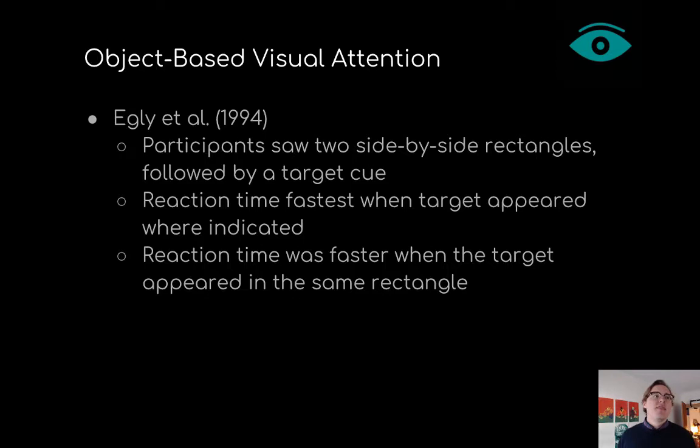The idea is that the feature of that rectangle changed, I was much less likely to notice that target appearing in a different place, as opposed to having to switch to a different object, meaning the different rectangle.